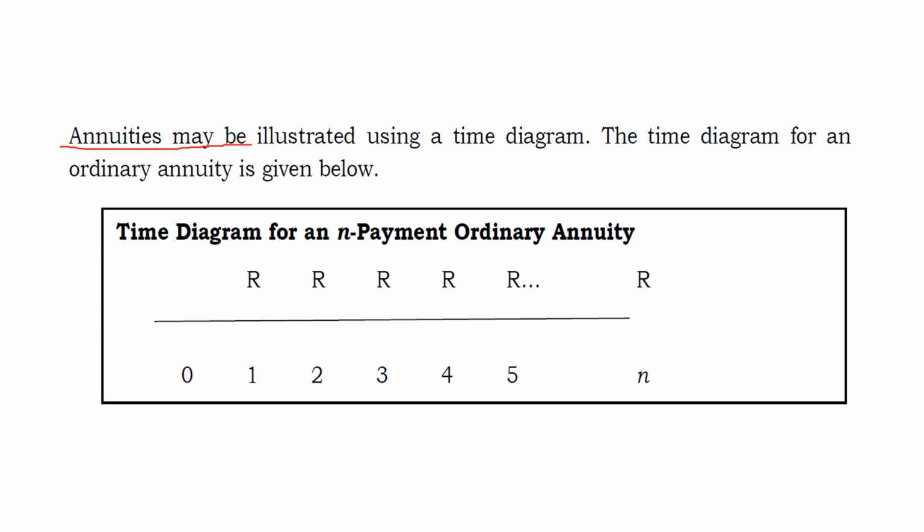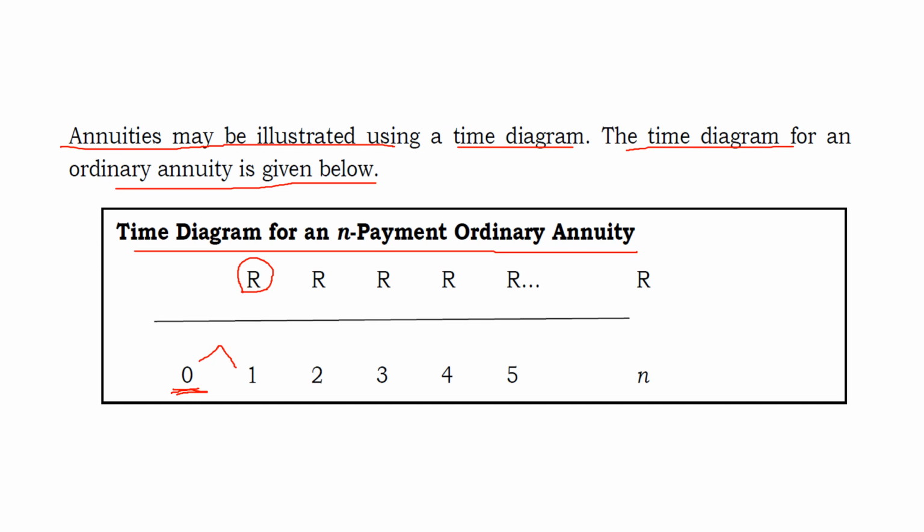So annuities may be illustrated using the time diagram. The time diagram for an ordinary annuity is given below. Your time diagram for an end-payment ordinary annuity starts at zero, at the beginning, and after, for example, 1 month, from zero to the first term of payment, there is a periodic payment R, which we can map on the first term of payment.